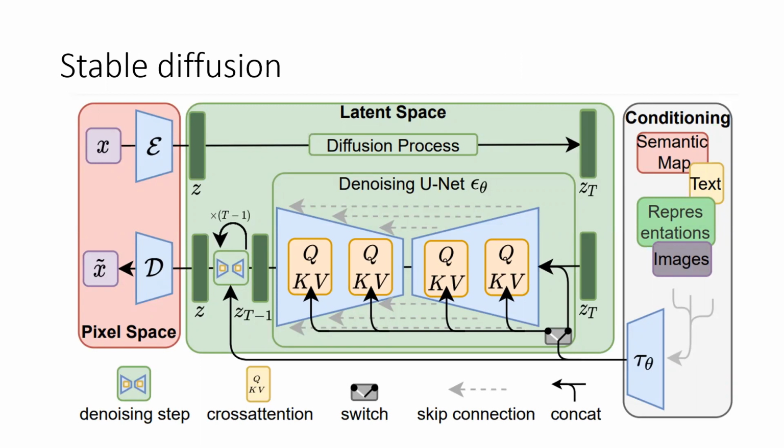So for starters, we're going to start with a sample X in pixel space. We will pass that through an encoder E to obtain a Z vector in latent space. We then can apply a forward diffusion process, which gives us Z sub capital T given Z0.